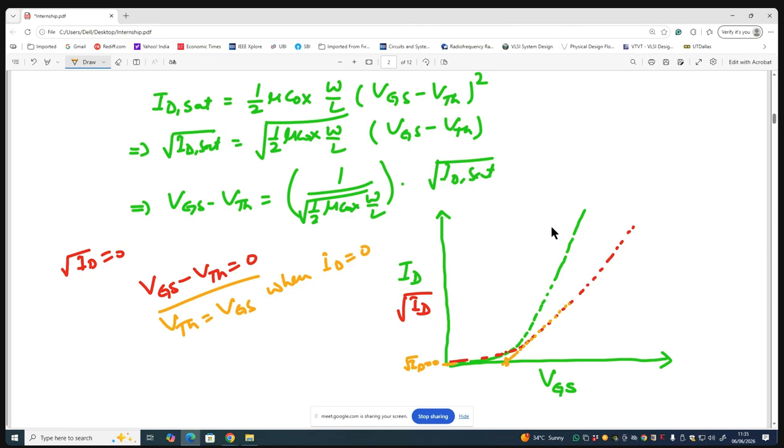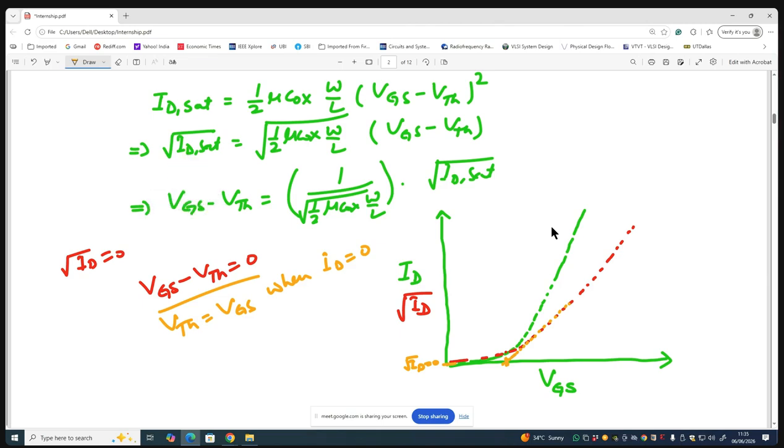Do you agree with that? How to extract threshold voltage from the ID-VGS characteristic?